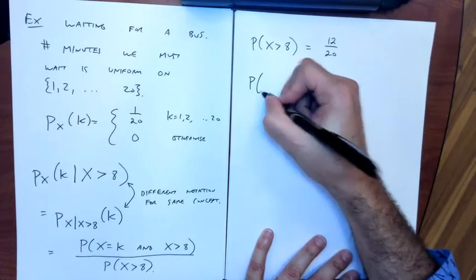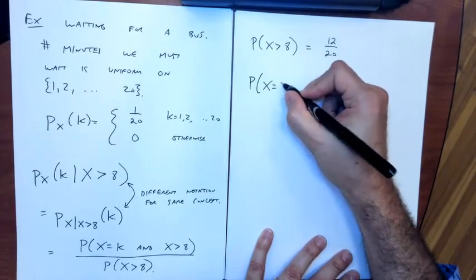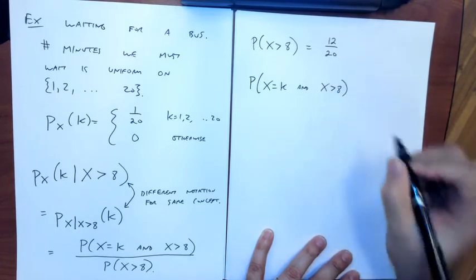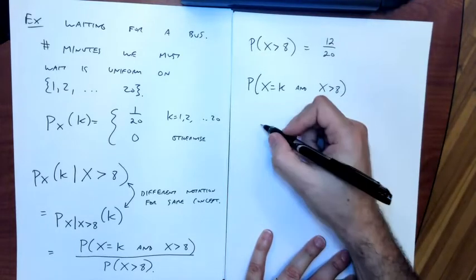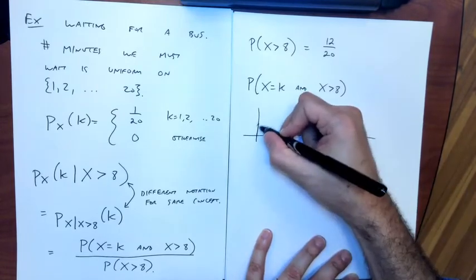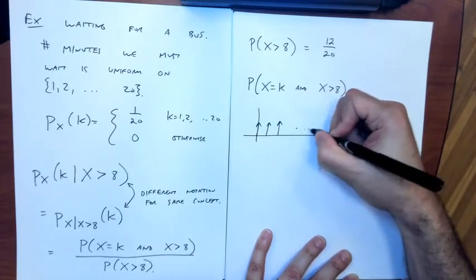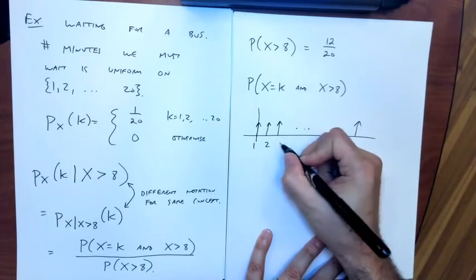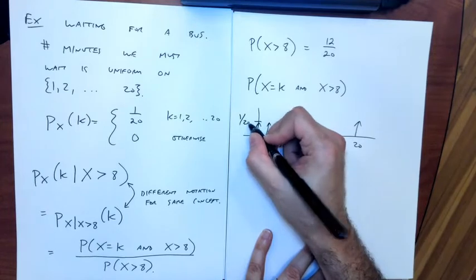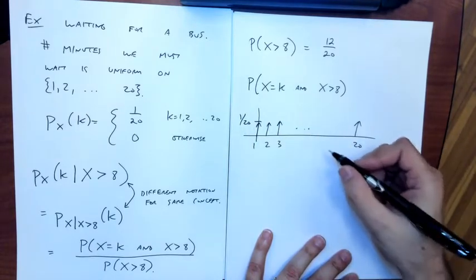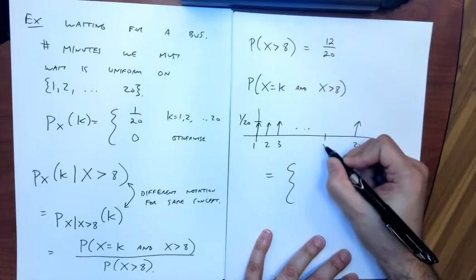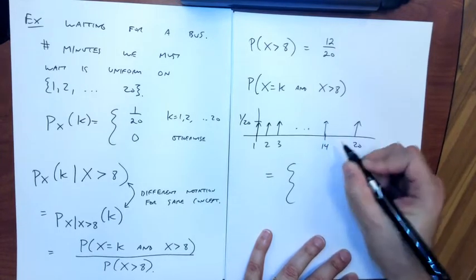What's the probability that x equals k and x is greater than 8? Well, let's look at the PMF. The PMF is originally uniform on these numbers, and each of these values is 1/20th. If I'm somewhere here, say like 14, I'm greater than 8.